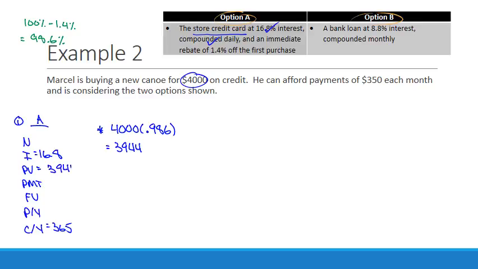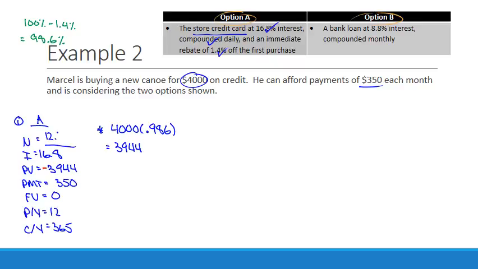So again, that's a rebate, a discount, money back. Okay, so we've dealt with that. Payment, it says $350 payments. And you may have noticed that I forgot my negative sign, so I'm going to go back here in red and just put that so it stands out. Future value will be 0, and these are monthly payments, so we're making 12. Okay, so plug all that into your calculator and see what you get.